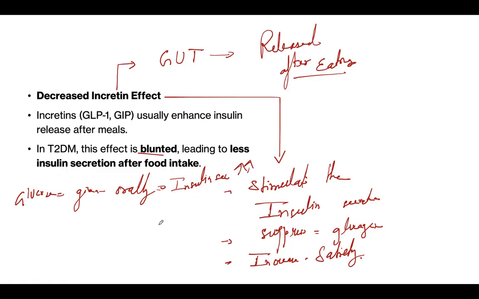But if the same glucose is given intravenously, the insulin secretion is lesser. Why? Because incretin is found in the gut, in the GIT. That is why in type 2 diabetes the clinical finding is that the incretin effect is reduced.